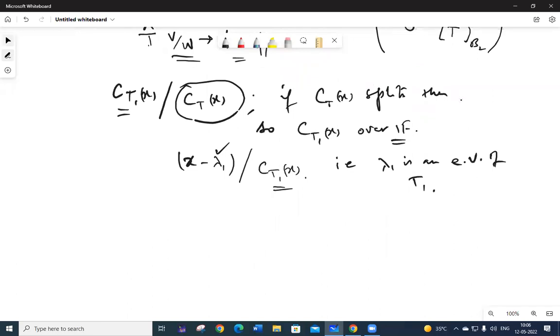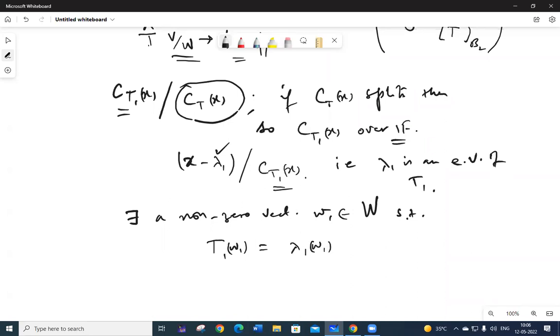Which means there exists a non-zero vector w1 in W such that T1(w1) is exactly lambda 1 times w1. But this is an induced operator, so this is the same as T(w1).